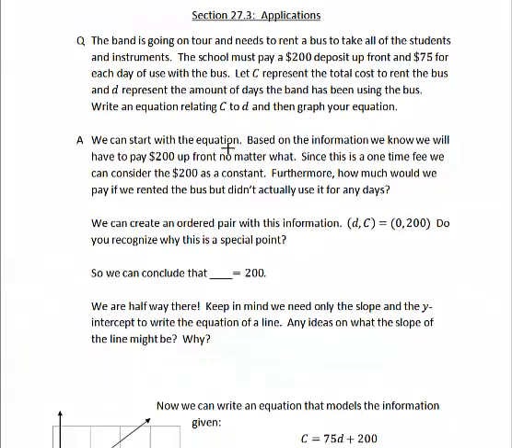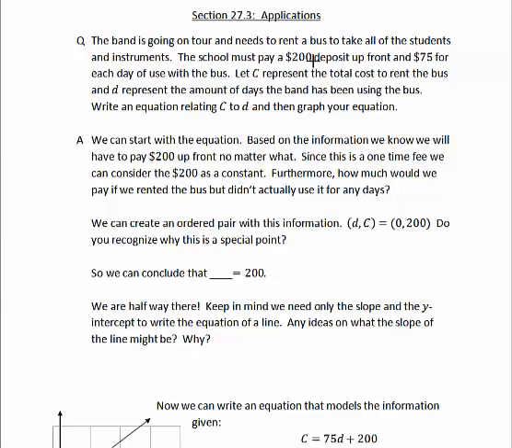Okay, how can we apply this to a real world type problem? These linear equations, the slope-intercept form. Alright, we're given a question. Okay, it's about a band. It says it's going on a tour and needs to rent a bus to take all the students and instruments.